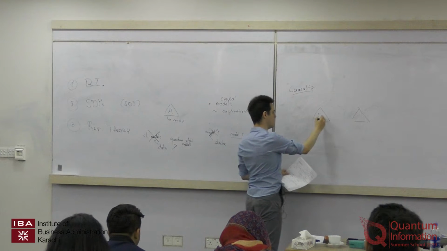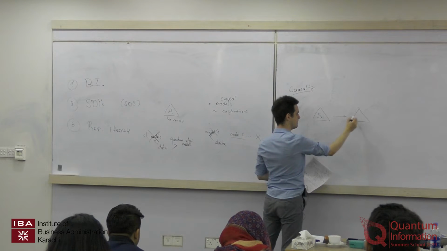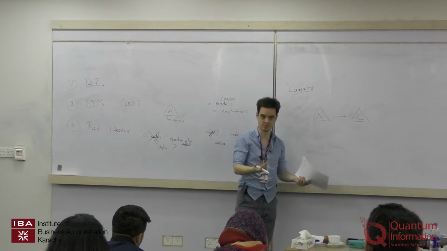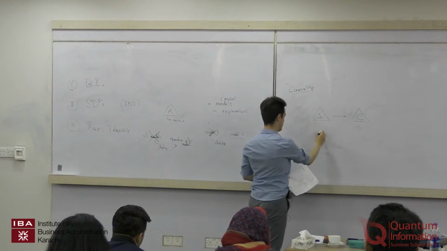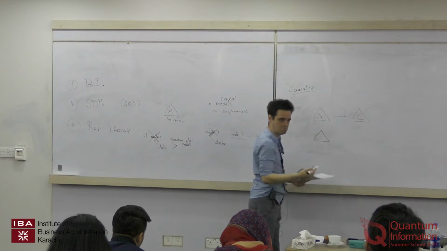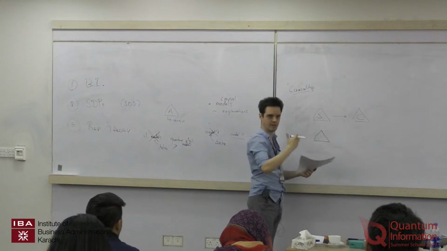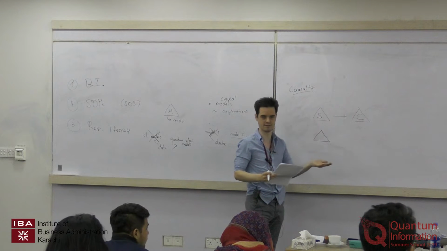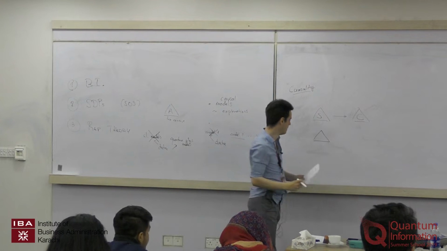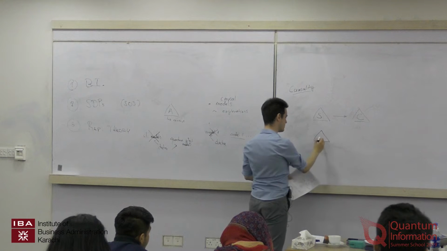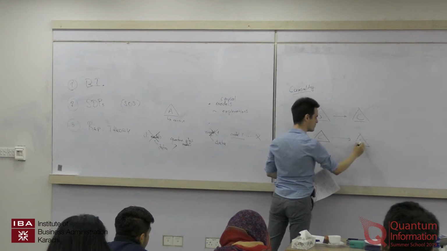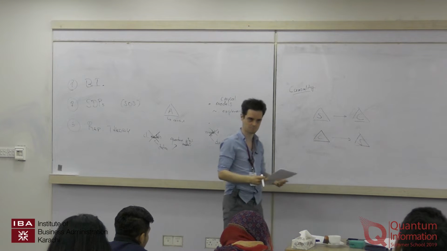People said, okay, maybe if you smoke, you have a higher chance of developing cancer. But maybe actually my explanation is the reverse: I have cancer, then I really want to smoke because I feel very anxious.